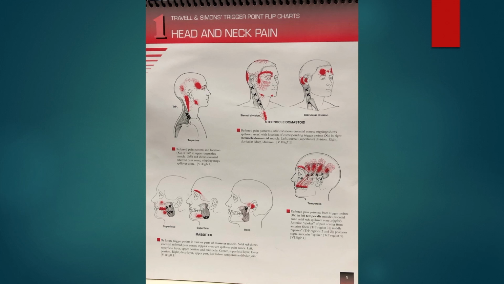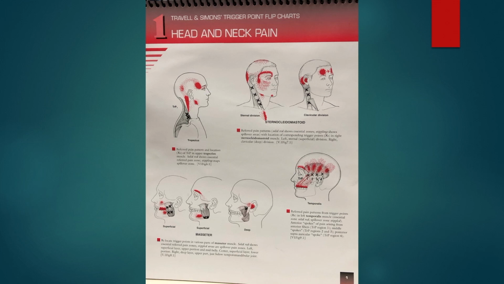So I may have pain in my sternocleidomastoid or a trigger point in my sternocleidomastoid and feel pain over here. Okay? So that's one that I find interesting. You may also feel it in your chin. You also may feel it in the submandibular region or in the maxillary sinuses.